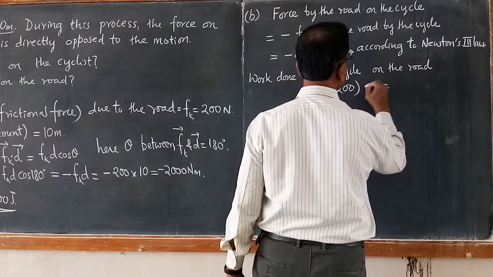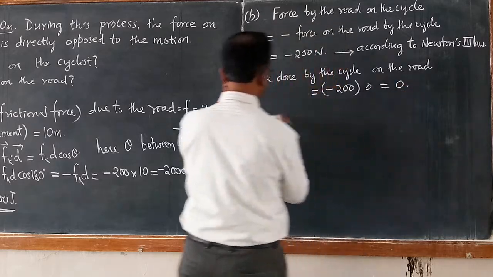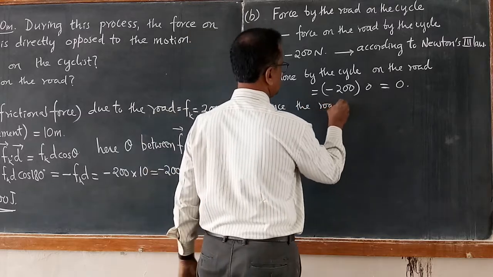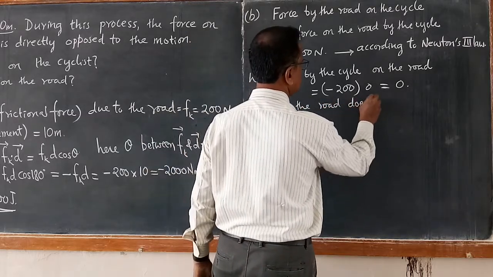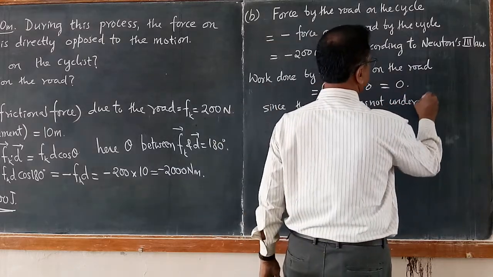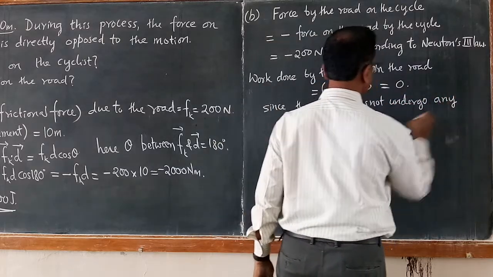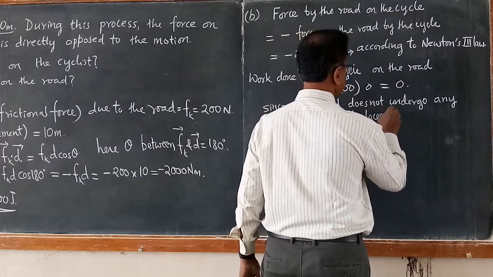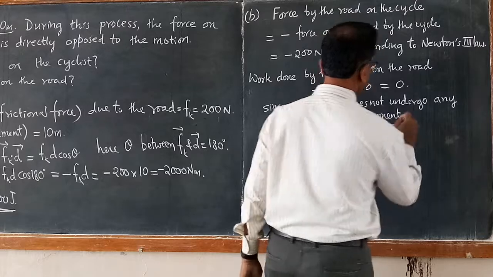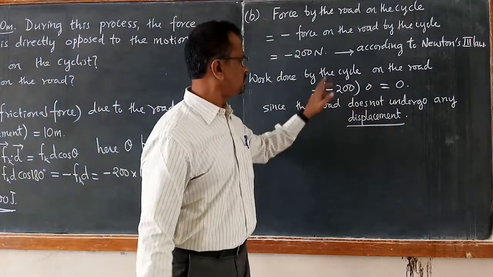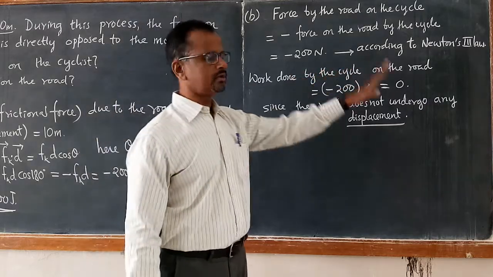So it becomes 0, since the road does not undergo any displacement. Since the road does not undergo any displacement, displacement is 0. So work done by the cycle on the road becomes 0.